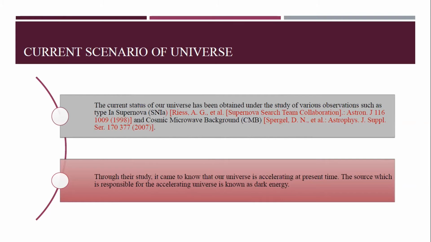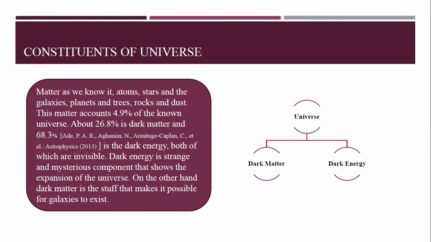In order to discuss cosmic acceleration, first I will discuss the major constituents of the universe. Basically, two major constituents exist in the universe: dark matter and dark energy. Dark matter can be characterized in two forms, baryonic dark matter and non-baryonic dark matter. Baryonic matter is only 4.9%, which consists of everything which we can see, like stars, galaxies, planets.